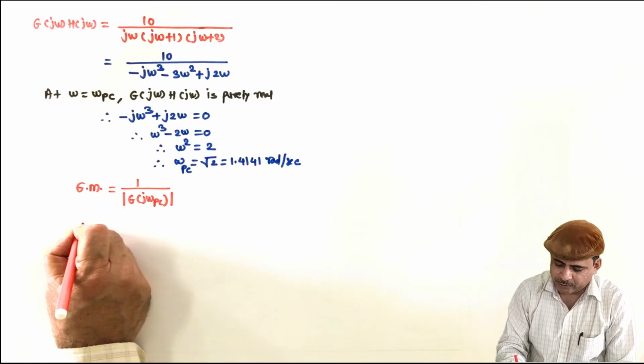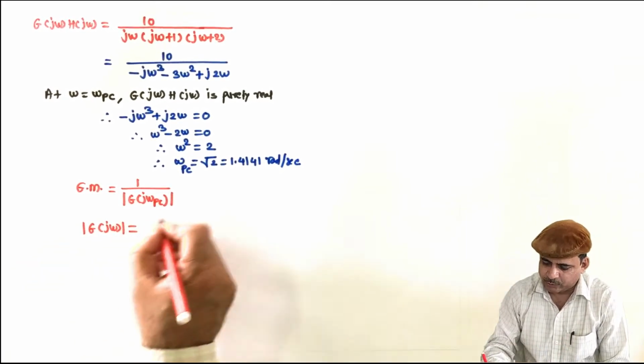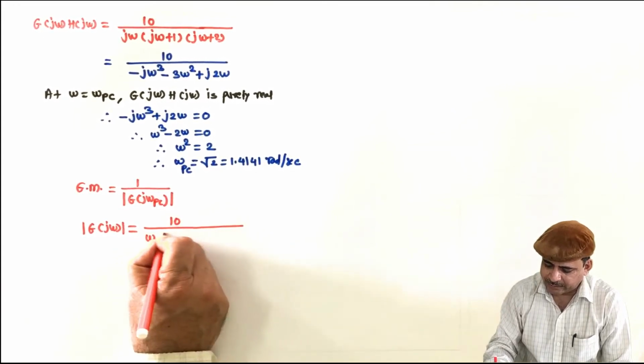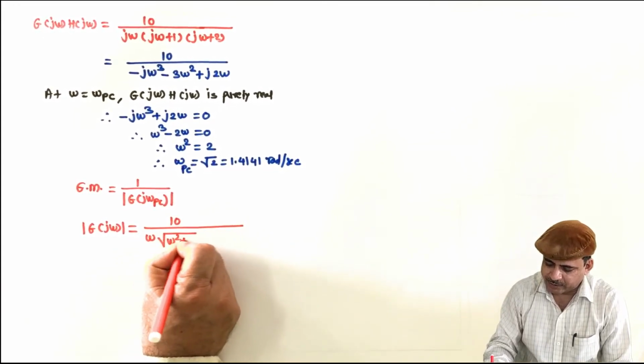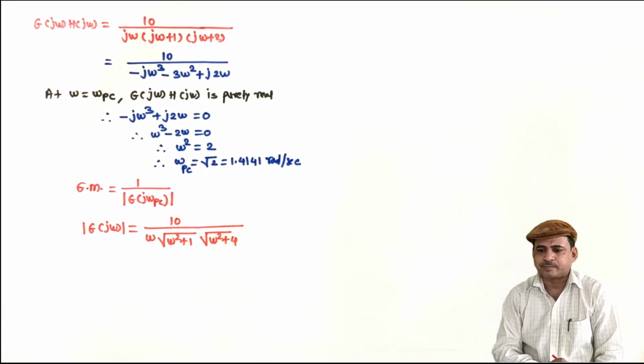And also we have the magnitude of g of j omega is equal to 10 by omega into root of omega square plus 1 into root of omega square plus 4.